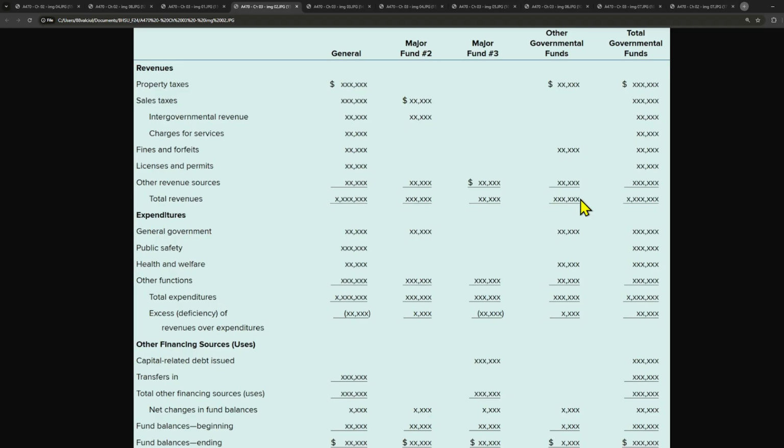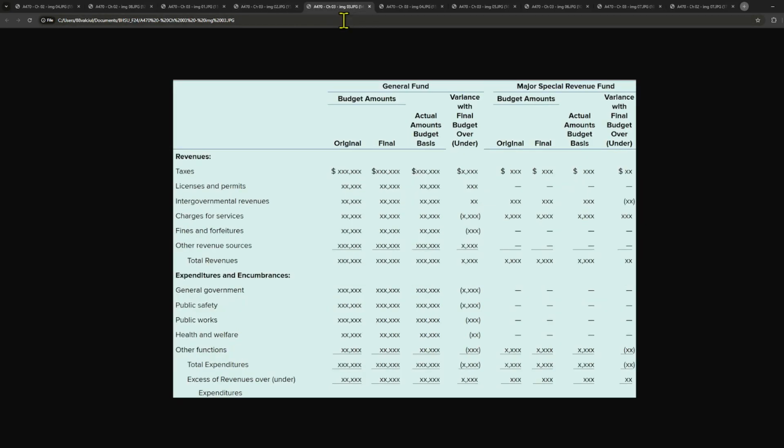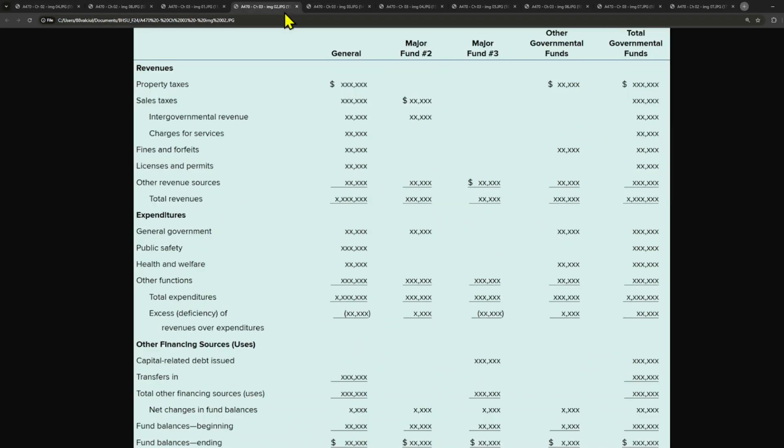For the general fund and other governmental fund balance sheet, we use modified accrual. Just a reminder of what modified accrual is: modified accrual is focused on current resources and current obligations.